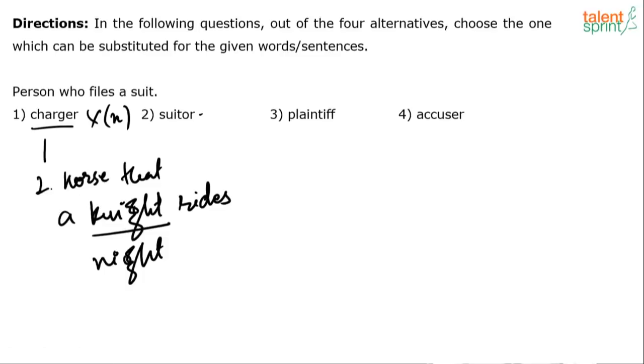Second option is suitor. Now, what is the meaning of suitor? Again, suitor has 2 meanings. It is again a noun. The first meaning of suitor is a man who pursues a relationship with a particular woman with a view to marriage.